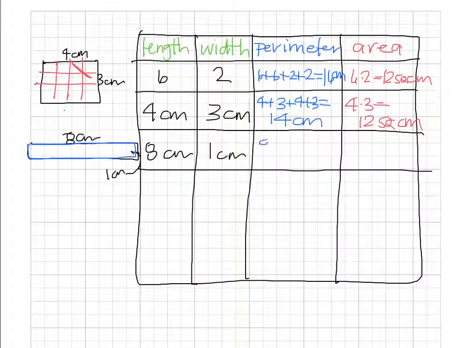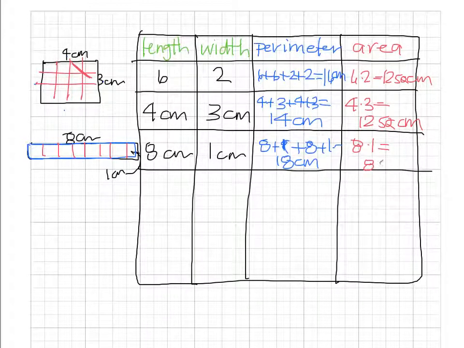So it's going to be 8 plus 1 plus 8 plus 1, and that's going to give us 8 plus 1, 9, 17 plus 1, 18 centimeters. Area is the number of little squares that you make inside. It's going to be 8 times 1, and you're going to get 8 square centimeters.